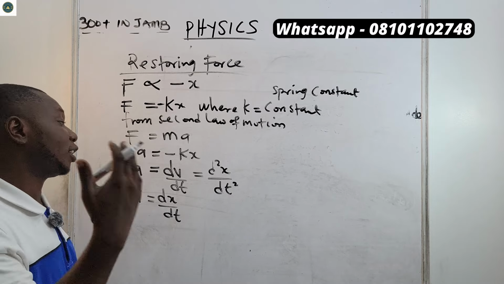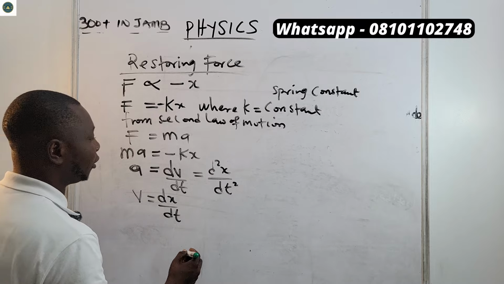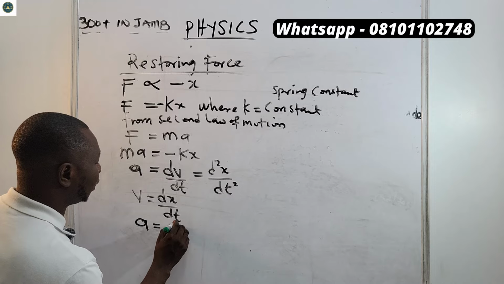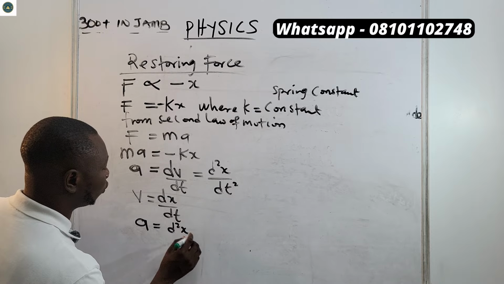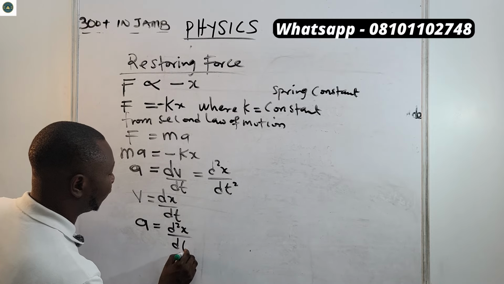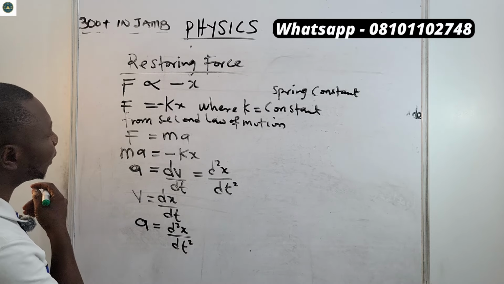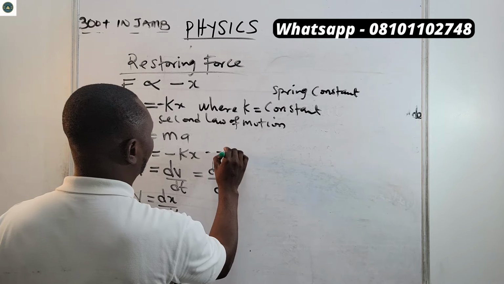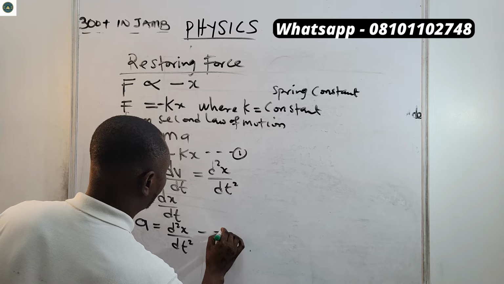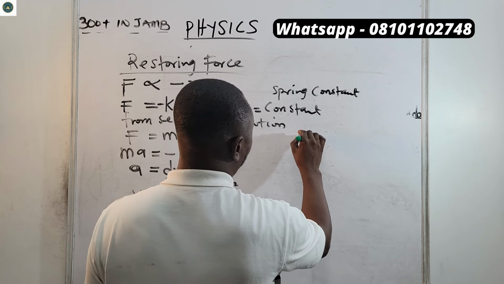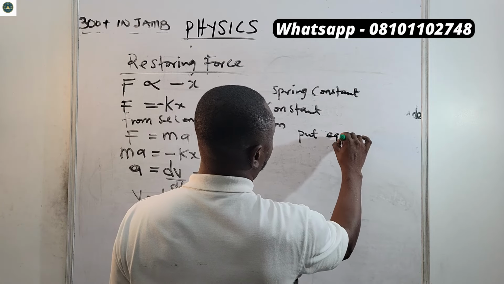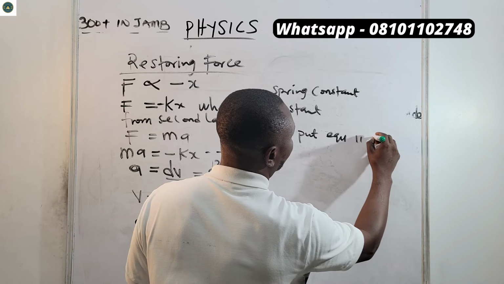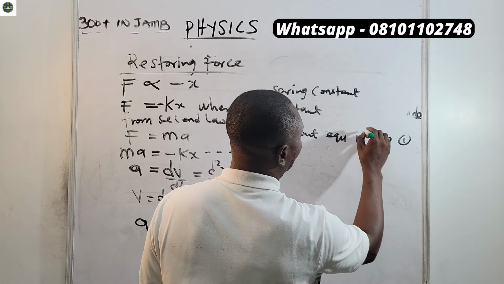Second order means the second derivative. So conclusively, we can say acceleration is d²x/dt². Okay, so now we can come back and let's say this is equation 1 and this is equation 2. So put equation 2 into equation 1.